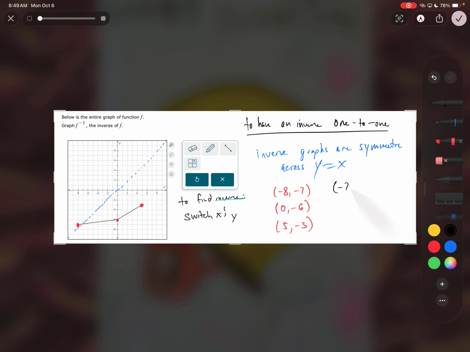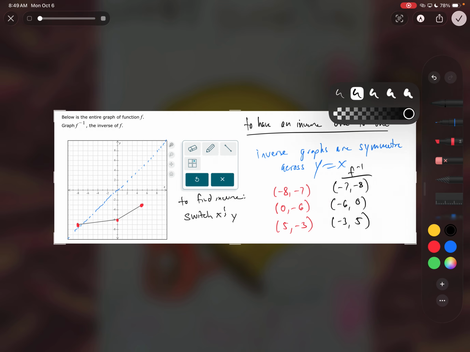So this becomes -7, -8. This becomes -6, 0. And this becomes -3, 5. They write f to the -1, and that means the inverse. So my f is those points, and to get the inverse, you just flip the points.